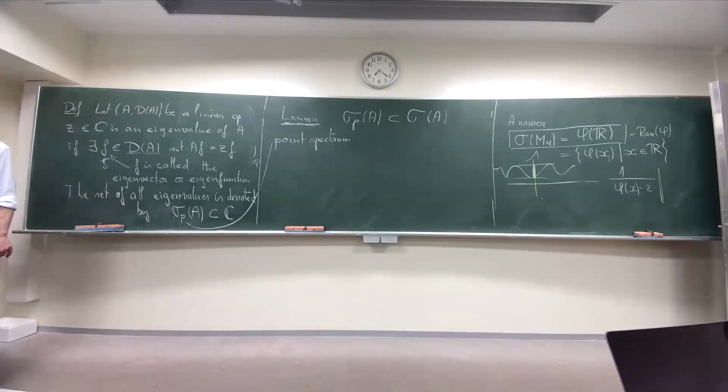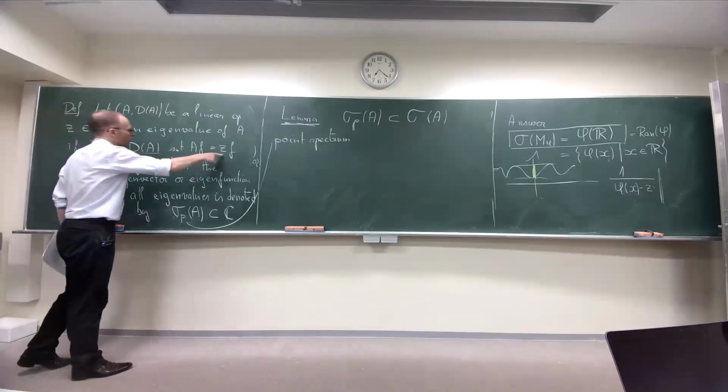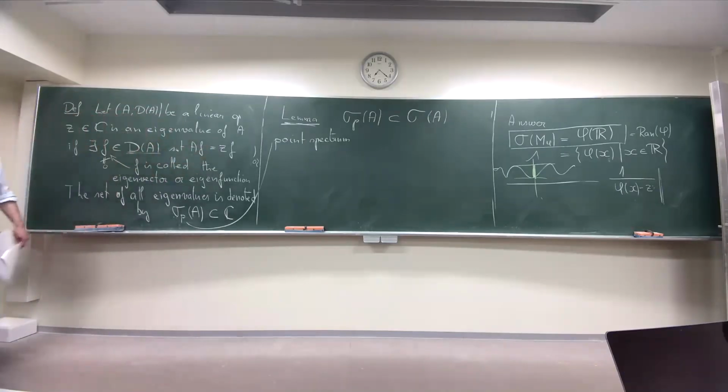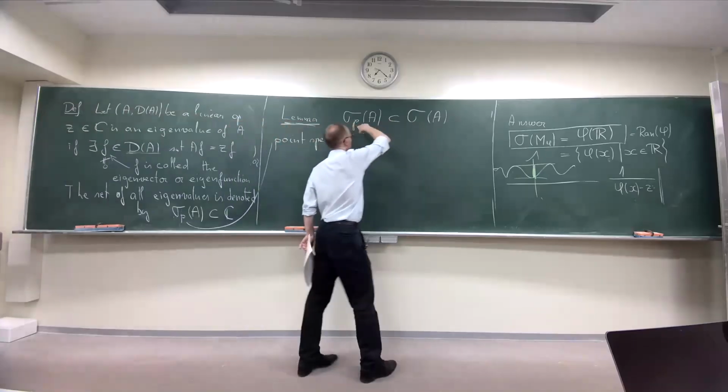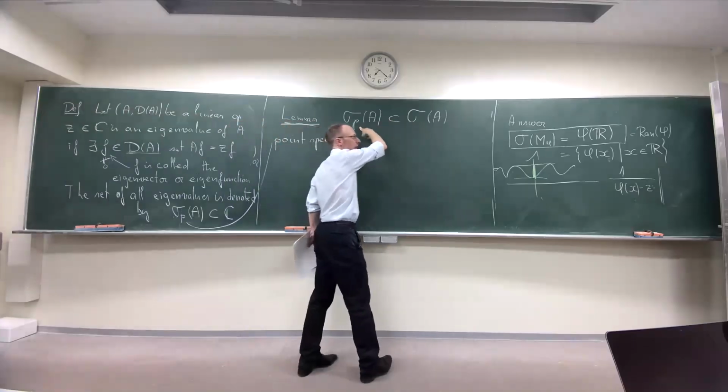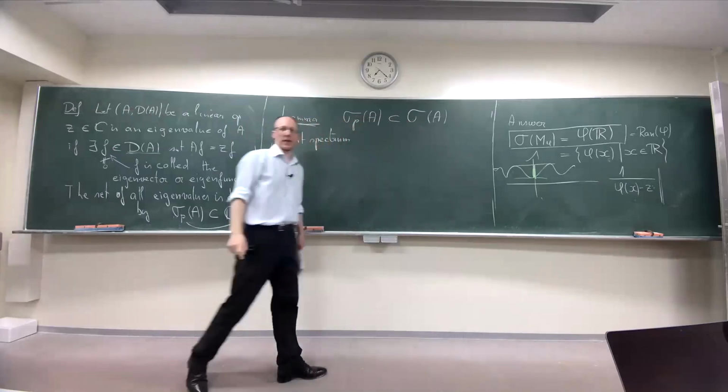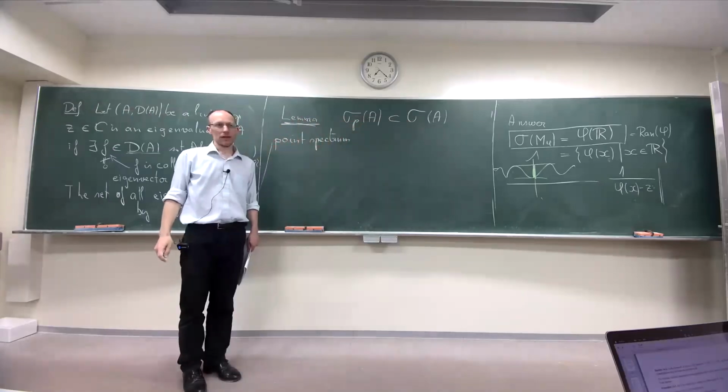Somebody has to be in the kernel, but precisely, the kernel is not empty, it's not just zero. It's really a one-line proof. Just check. So it means what we know from linear algebra is a subset of what we are learning here. Okay, the notion of spectrum.